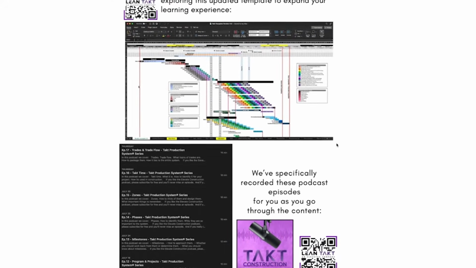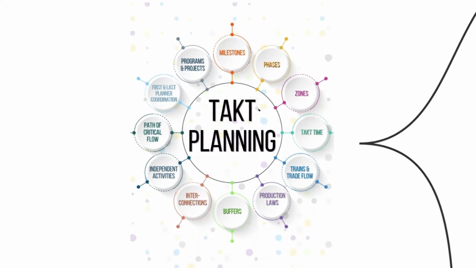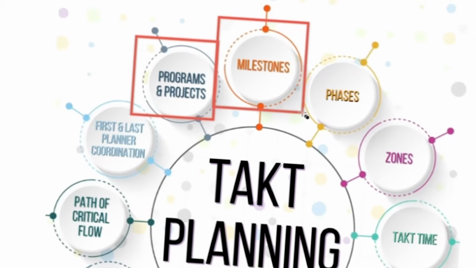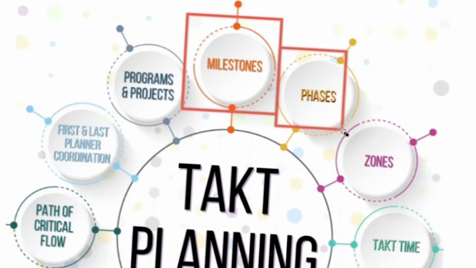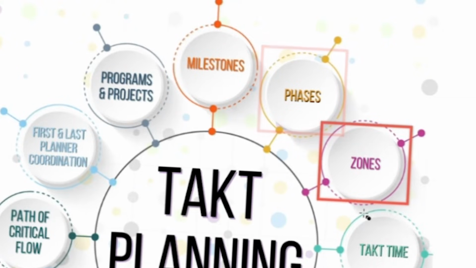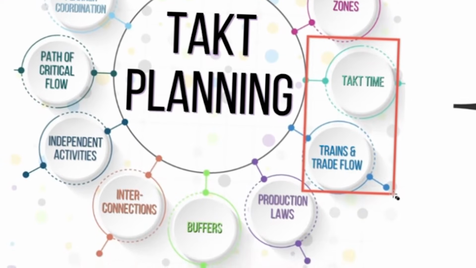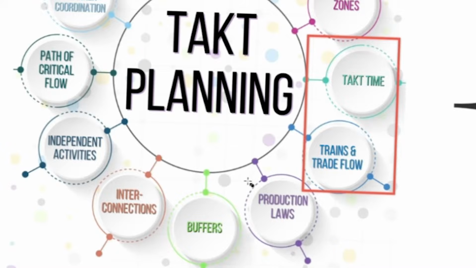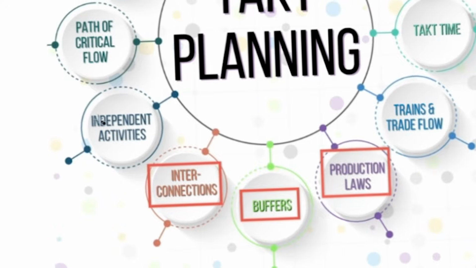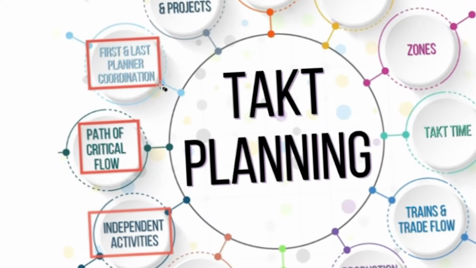Let me introduce you in this way. The Takt Production System Takt Planning component has programs and projects, milestones which set the start and the end, phases which are groupings of zones, and within the phases and zones, we have trains of trades that have their own unique takt times, and then everything complies with production laws, has buffers, interconnections, independent activities, and a path of critical flow, and then interface with the last planners.